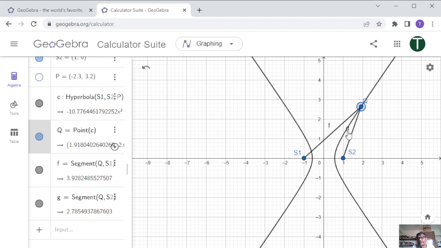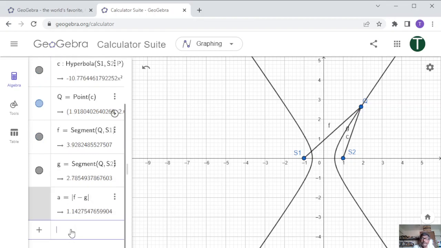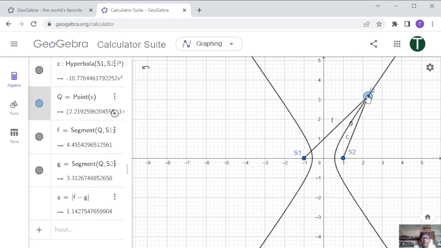So take the absolute value of F minus G. This length is 1.142 something.